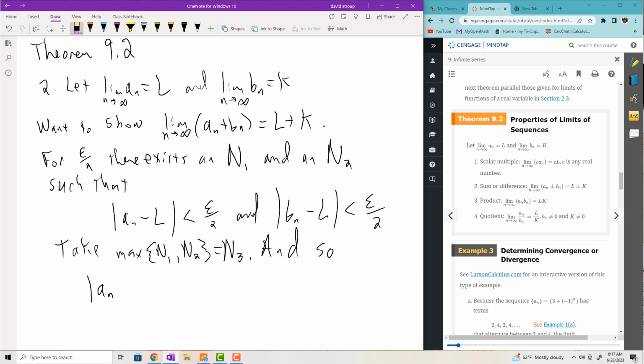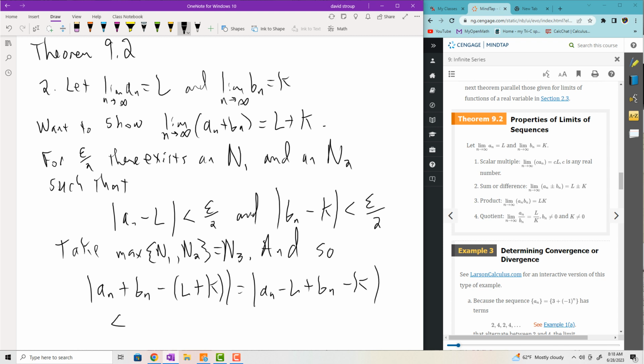So I'll say a sub n plus b sub n minus L plus, and this other guy, I apologize, should be a k. So L plus k. This thing from the triangle inequality will be, well, let's just rewrite it first and then we'll apply the triangle inequality. So this will just be equal to a sub n minus L plus b sub n minus k.